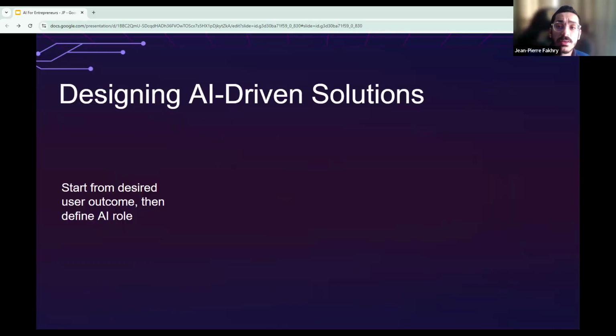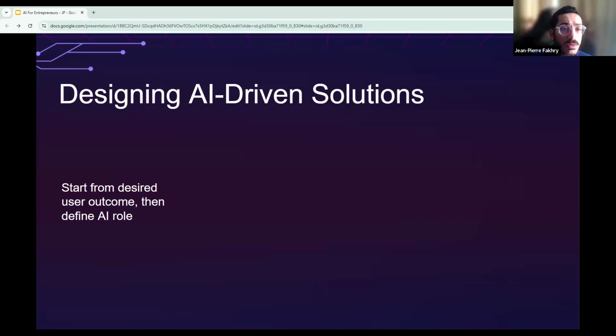Now, the last thing is the biggest mistake in AI product design: starting with the technology. For example, we can say that we have GPT-4. What can we do with it? This is a very wrong question, guys. The right question is, what outcomes does the user need and what role should AI play in delivering it? As simple as that. Sometimes the AI role is very small.